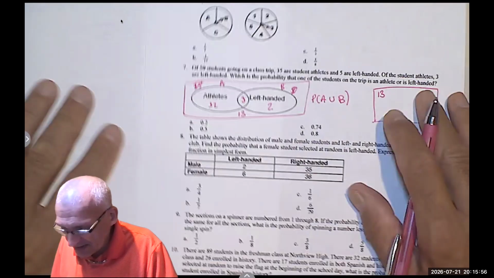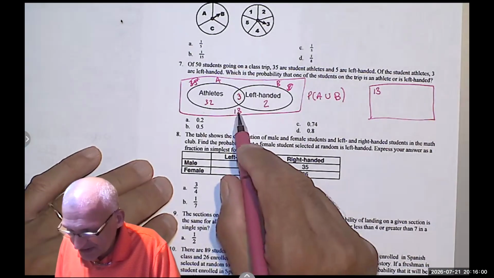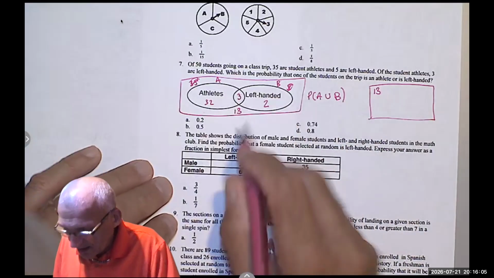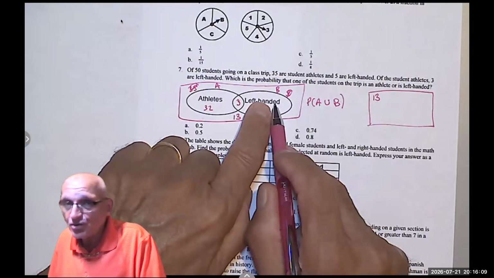So what is this probability? It's easy. We know that 13 are out. So what's inside are the 37 that are either athletes or left-handed or both.